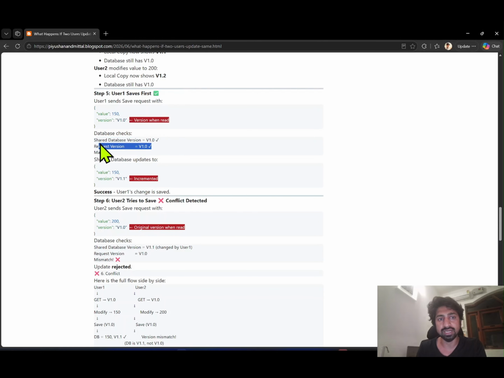Both versions are the same, 1.0. It's a match, and there is no update to that particular record. When I explain about user 2, you would understand this versioning thing. So both versions match, and then user 1 updates that particular record in the database, as well as increments the version from 1.0 to 1.1.